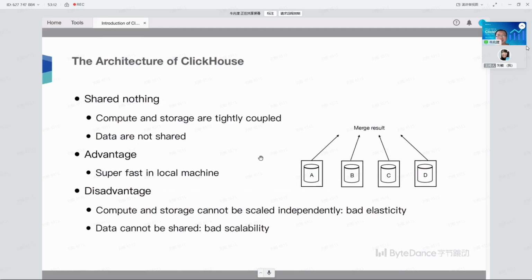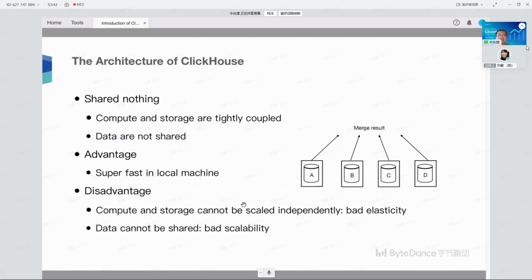This architecture has some pros and cons. Its advantage is that it's super fast on the local machine. In theory, the limitation will only be the hardware resource of the server. But this architecture has two major disadvantages. Because the computing resource and the storage resource are tightly coupled, they cannot be scaled independently.